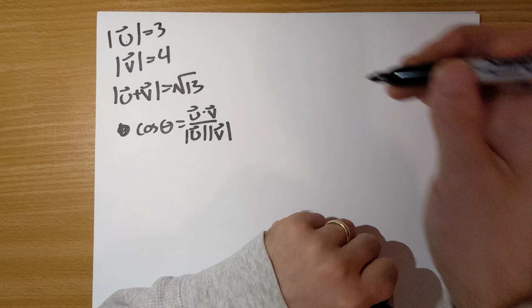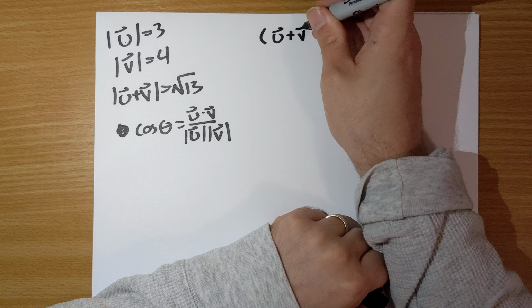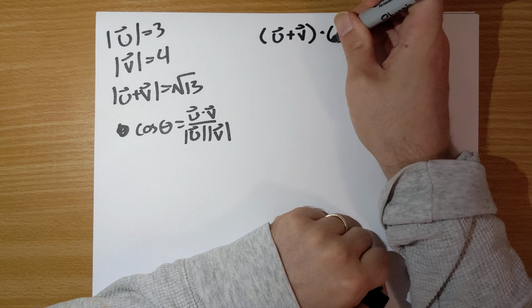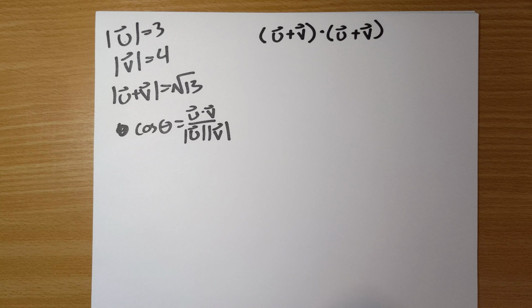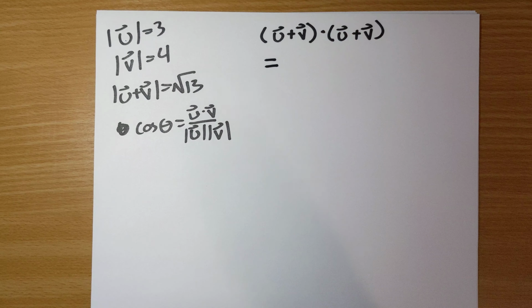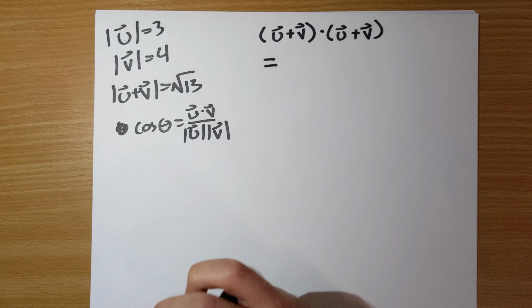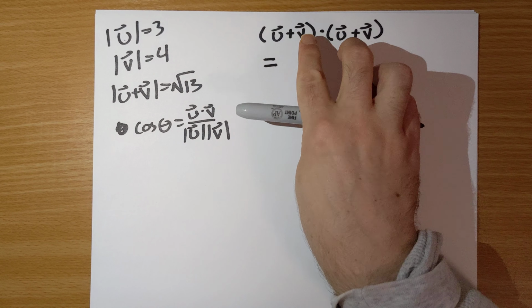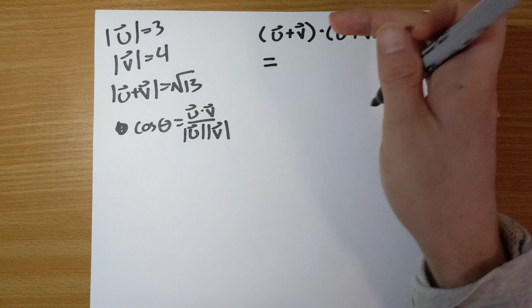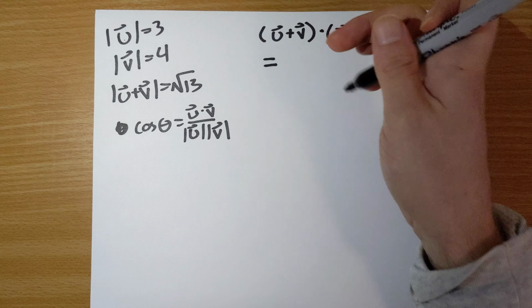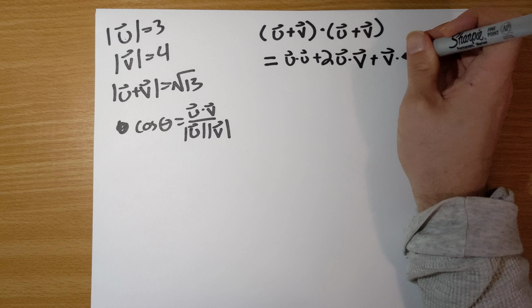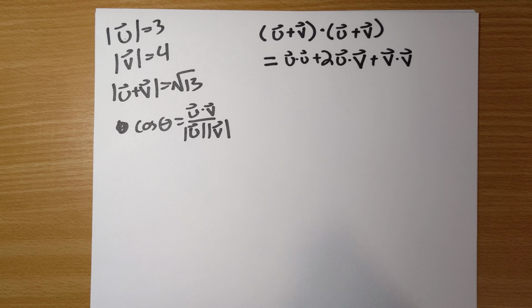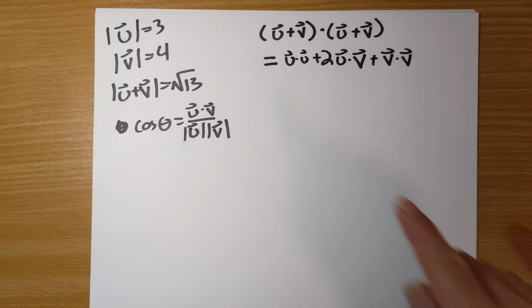Let us look at U plus V dot product with U plus V. We distribute out the dot product here, and we know that U dot V is equal to V dot U. We end up with U dot U plus 2 U dot V plus V dot V. What do we know about this?